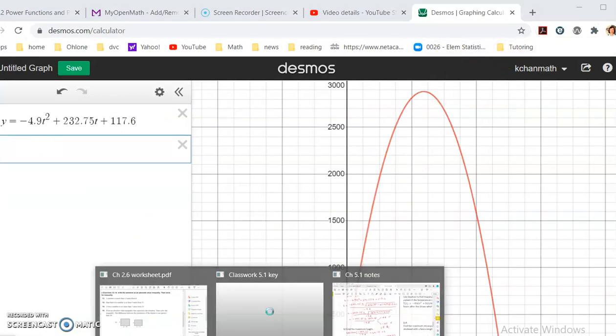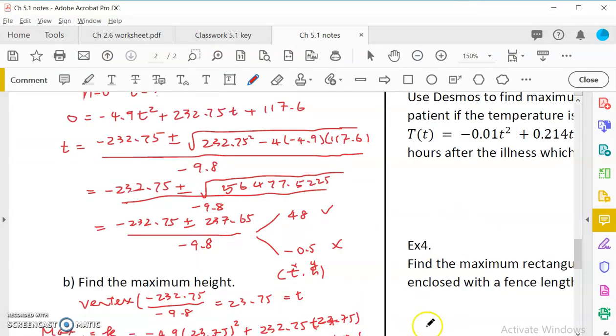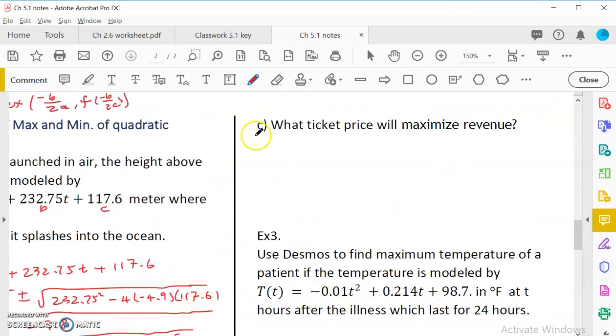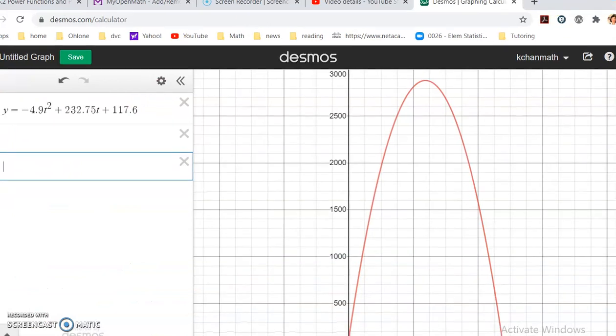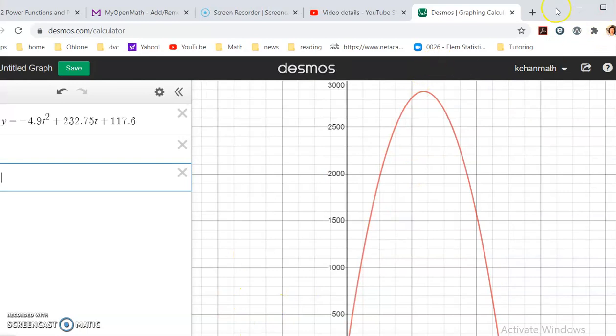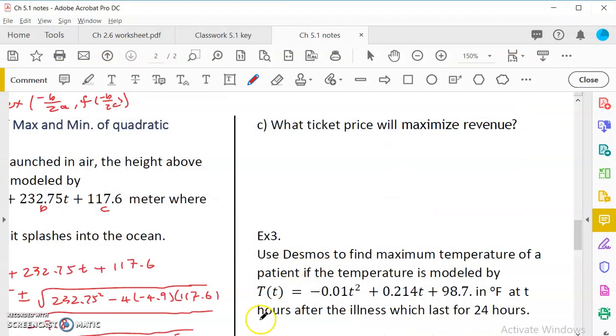The second question, let's go back to this one. We have a few questions, so I don't know if I have enough time to go through all of them. I was trying to see what time I have, because it's covering my time.